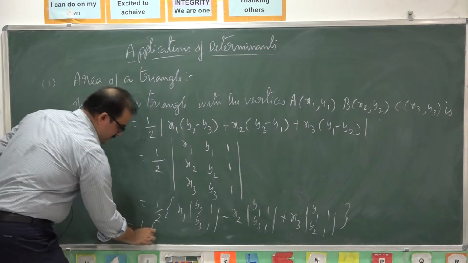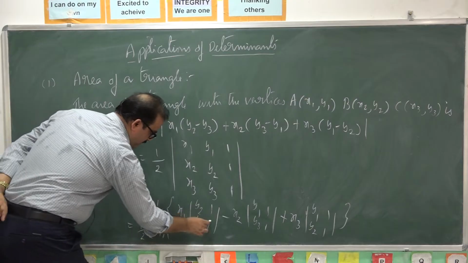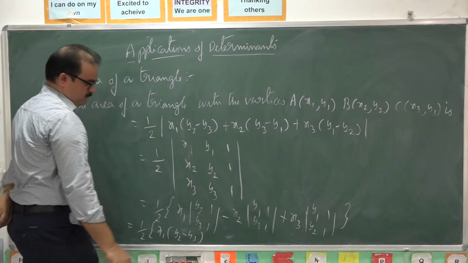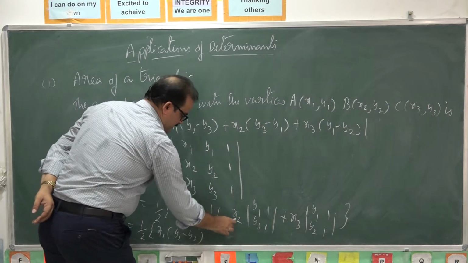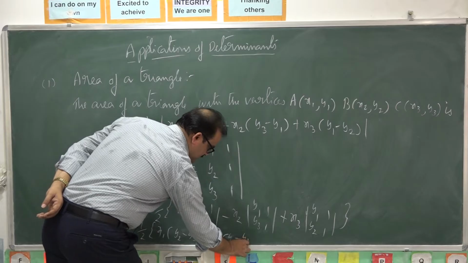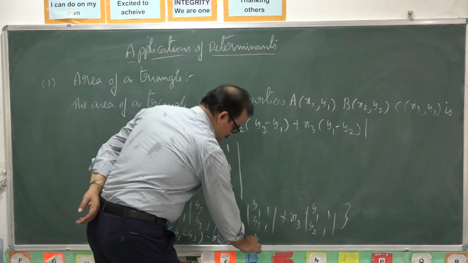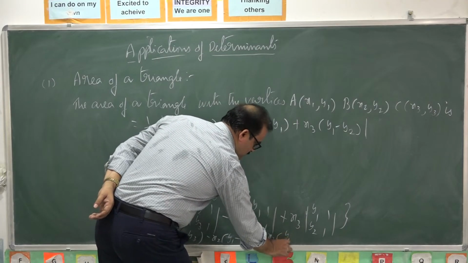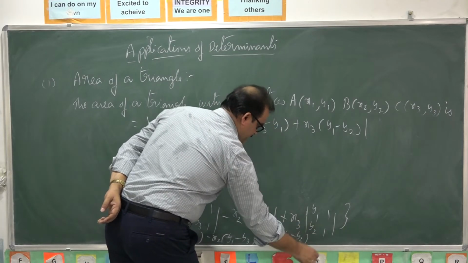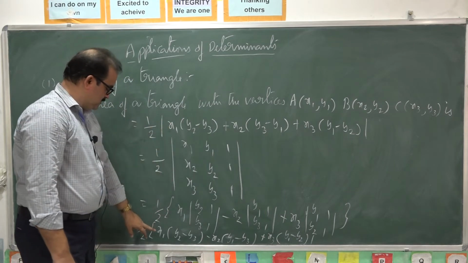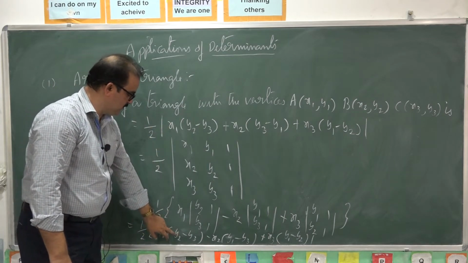On expanding, you get x1 into (y2 minus y3) minus x2 into (y1 minus y3) plus x3 into (y1 minus y2). See, this and this are the same: x1 into (y2 minus y3).